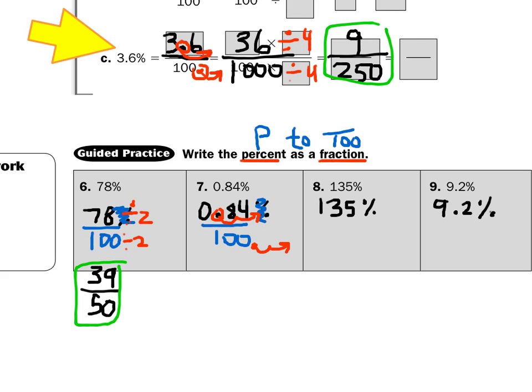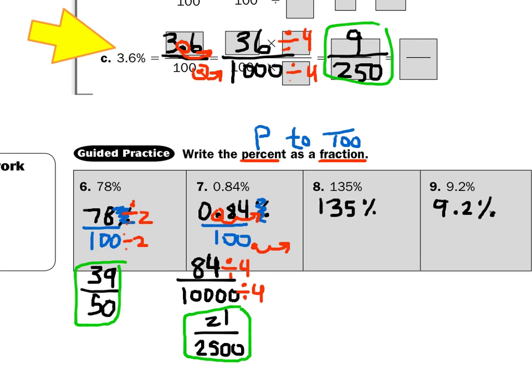And that's going to give me a fraction of 84 over 10,000. The 100 plus 2 more zeros. And then I want to divide both the top and the bottom by 4, because I see that 4 goes into the top, and I know it's going to go into the 10,000. And that's going to reduce my fraction and give me 21 over 2,500. And so I box my answer there.